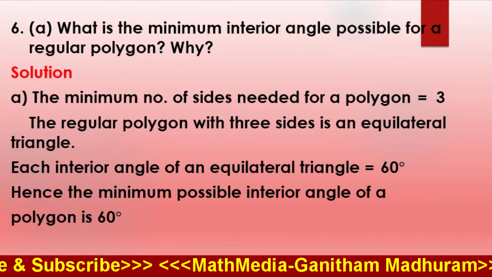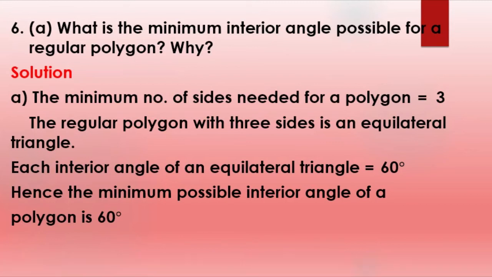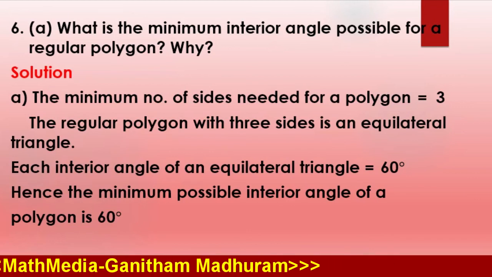That is, the least polygon we can form is a triangle. If it is a regular polygon, it must be an equilateral triangle. So the minimum interior angle possible for a regular polygon is 60 degree.